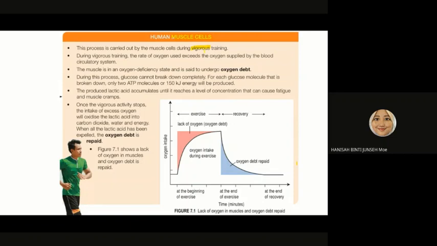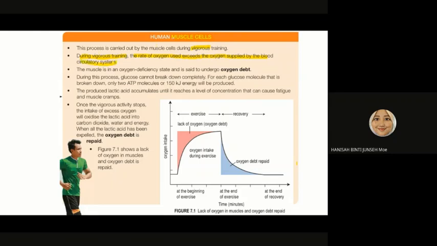Why do you need more oxygen? You need more oxygen to oxidize more glucose. Tapi there's a moment during vigorous training, the active movement, the rate of oxygen used exceeds the oxygen supplied by the blood circulatory system.